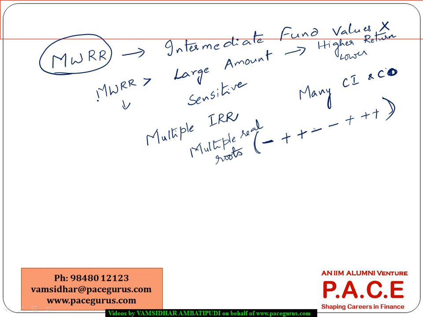But when you look at the time weighted, it really doesn't matter about the timing of the cash flows, right? It is purely on how much this particular cash flow generated during this period.